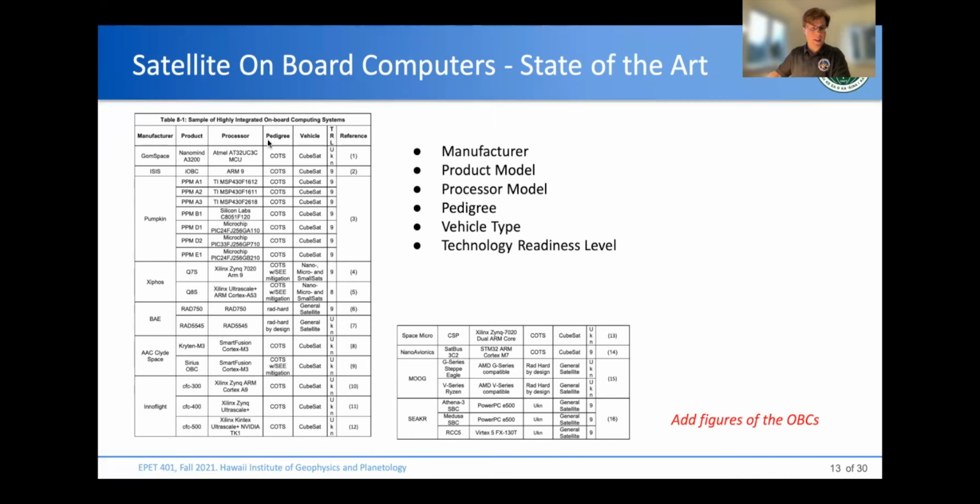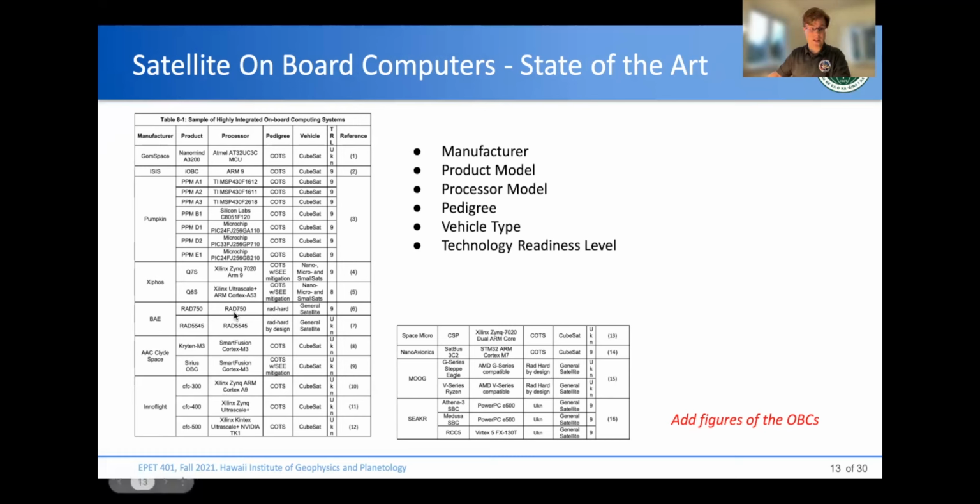And then here's the pedigree, so what kind of availability is there. If it's COTS, that means it's typically easily available. The manufacturers produce a lot of them. Here's one with some mitigation effects for radiation. This one is rad hard, which means it's hard to get any better than that.